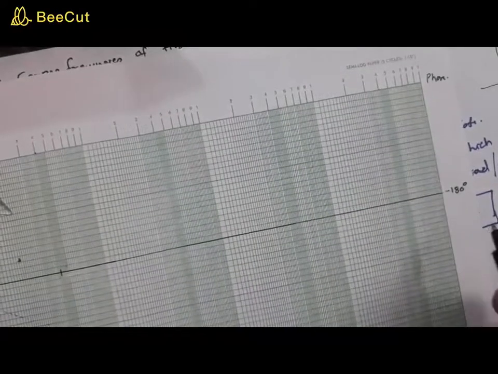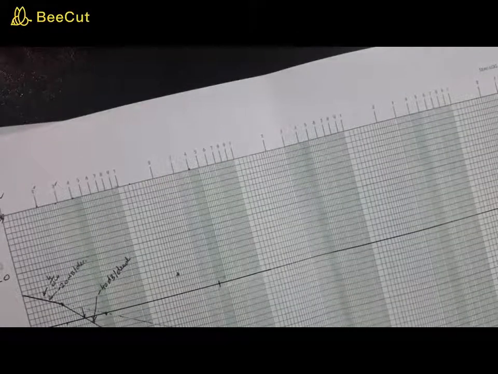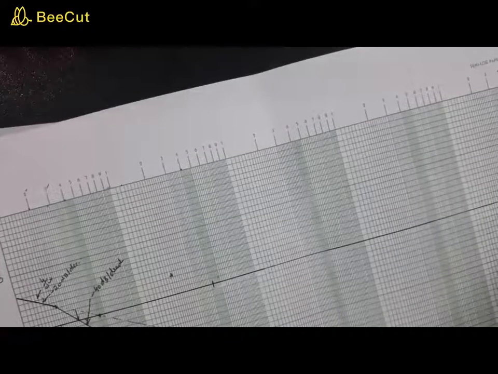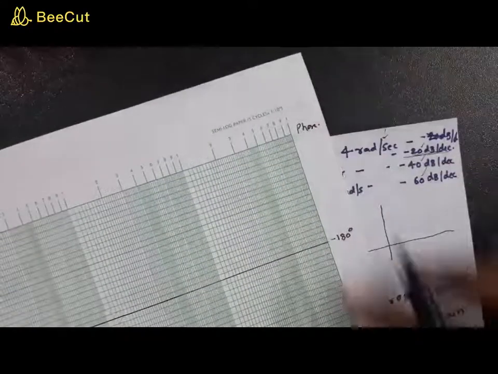Always make it a point that minus 180 degrees has the same significance in the phase plot as 0 dB has in the magnitude plot. That's why I am marking this minus 180 degrees in line with the 0 dB axis. Both the 0 dB axis and minus 180 degrees coincide.